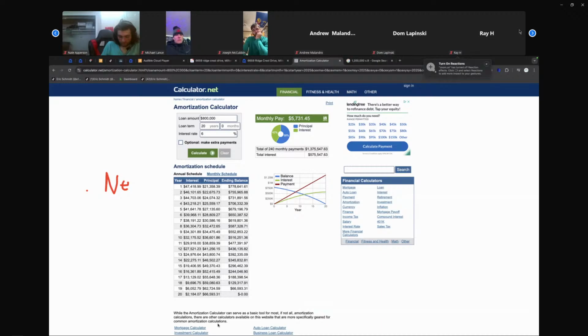So I can't expect to go pick up a 100-unit building and expect to get a 30% cash on cash. That's not going to happen. Even a 6% cash on cash or a 3% cash on cash, depending on the size, that might be a great deal too. So just keep that in mind. But on multis, you're looking at 10% being the absolute bare minimum for cash on cash.